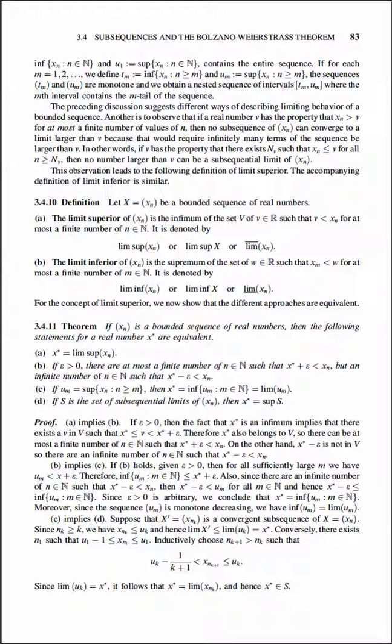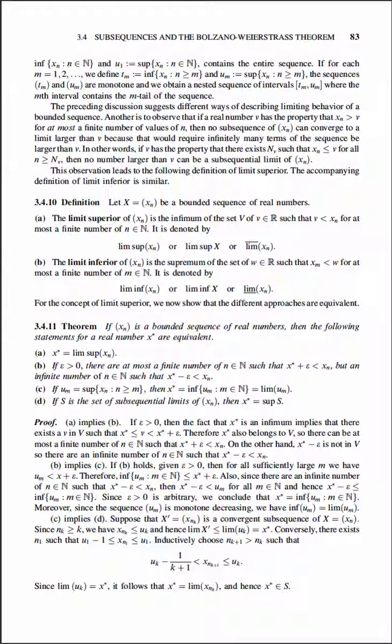So the book goes ahead and gives formal definitions. And I think these formal definitions are a little bit hard to work with. I would say that you can use Theorem 3.4.11, in particular characterization D, and maybe take that as your definition of lim sup, and take the corresponding thing as the definition of lim inf.